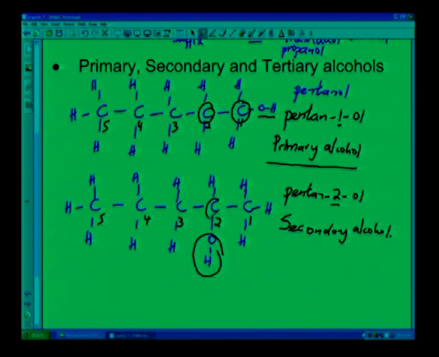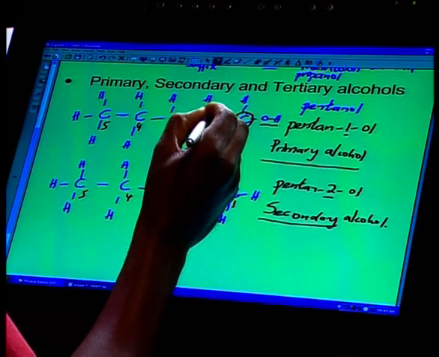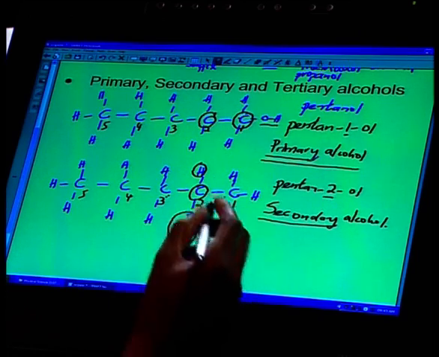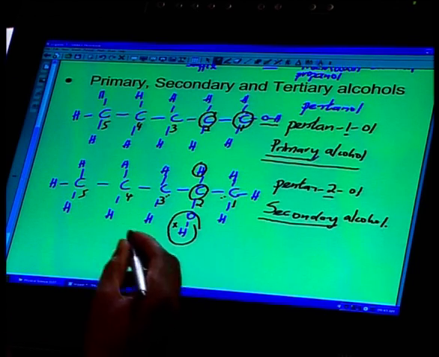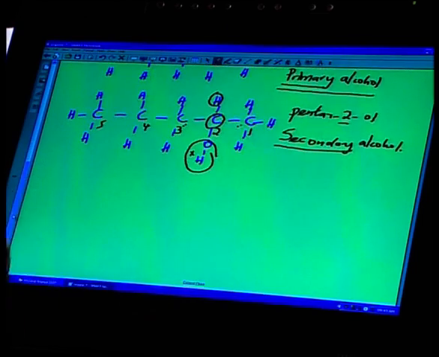Because the carbon, which is carbon number 2, attached to the OH group, has 2 carbon atoms attached to it and only 1 hydrogen. The fact that it has 2 carbon atoms attached to it makes it a secondary alcohol. The first one, remember, only had 1 carbon atom attached to that carbon, and therefore that made it a primary alcohol. So this one with 2 carbon atoms attached to it becomes a secondary alcohol.